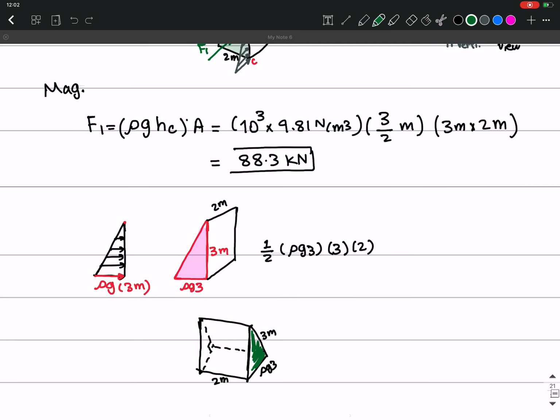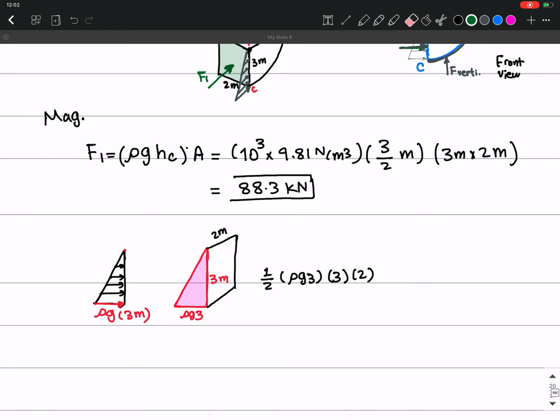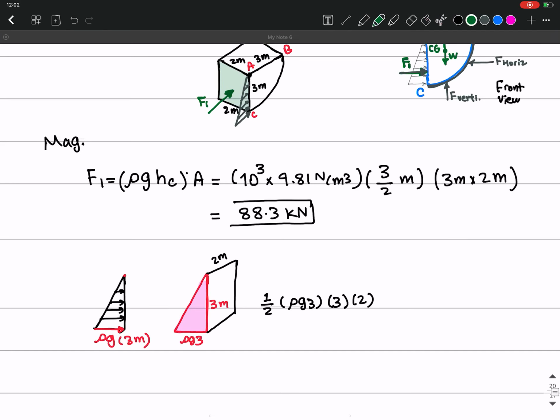So this is another way of solving it if you don't want to use the other classic method, and the results are going to be the same. It is 1/2 rho g3, so let me calculate it. It is going to be 1/2 of 10 to the 3 times 9.81 Newton per meter cube, times 3 meters times 2 meters.